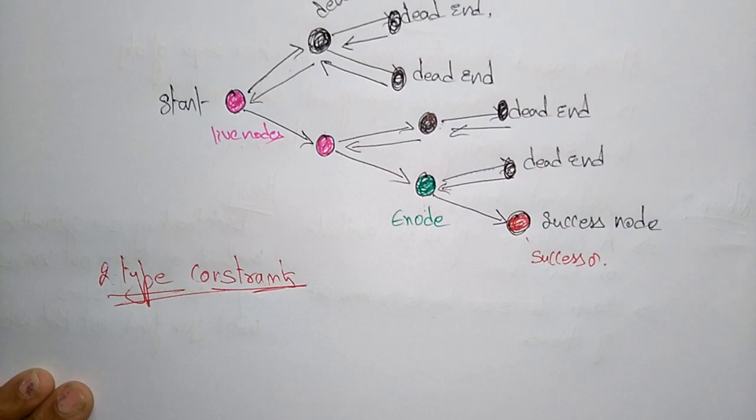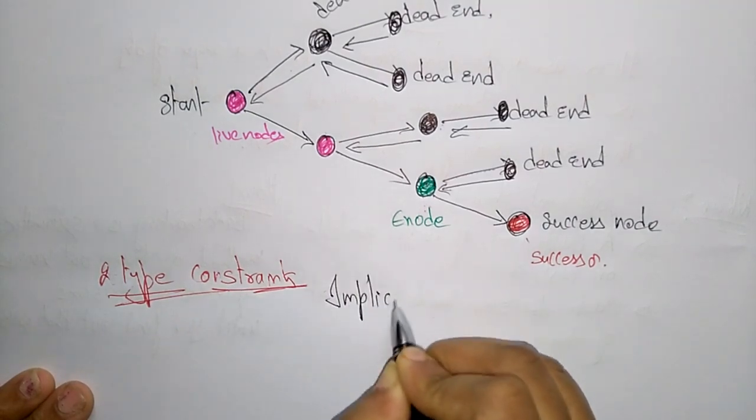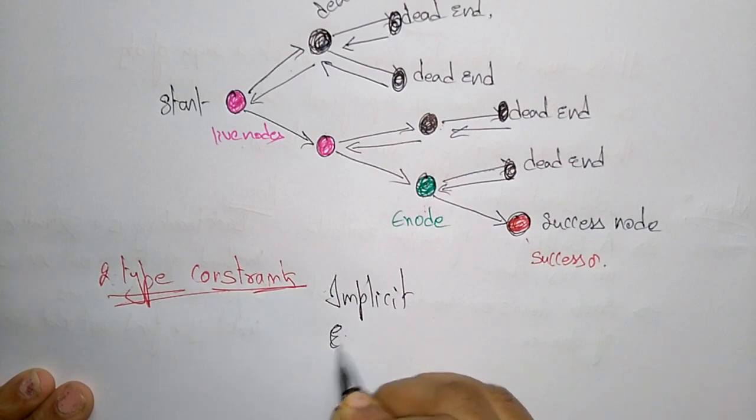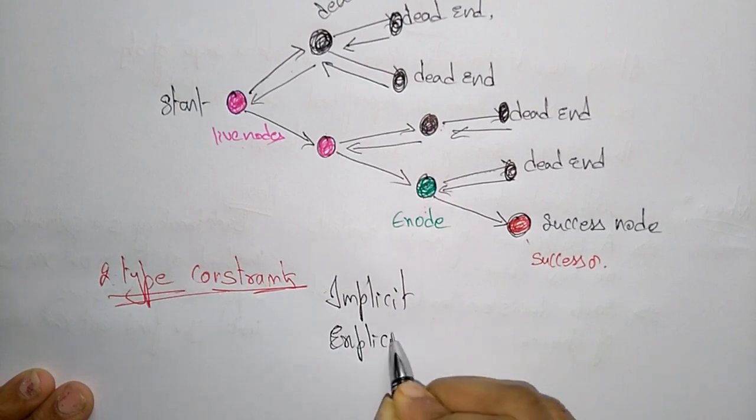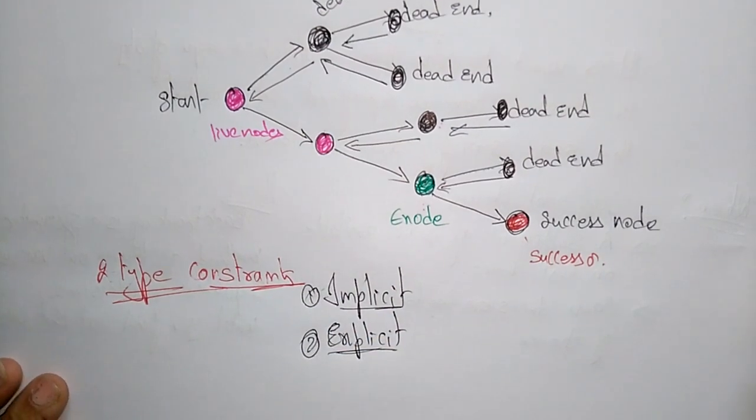Those are the implicit constraint and the explicit constraint. These are the two constraints used in backtracking.